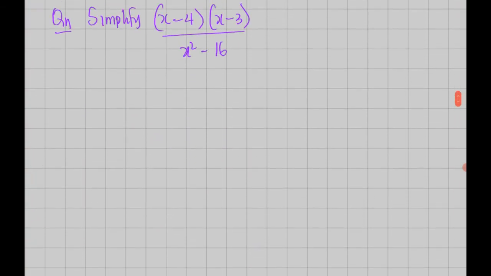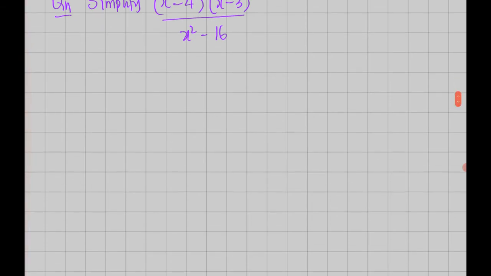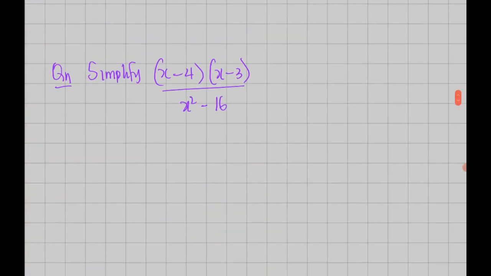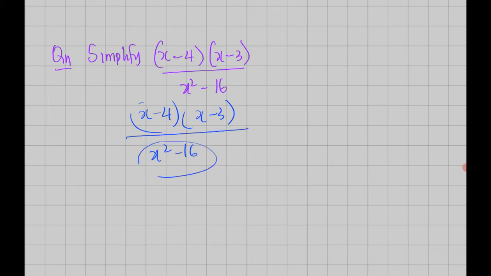So let's move on to the next one, which says simplify x minus 4 times x minus 3 over x squared minus 16, right? So we write x minus 4 times x minus 3 over x squared minus 16, and x squared minus 16 is a difference of two squares.